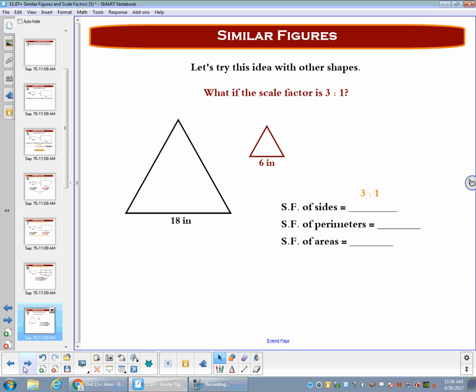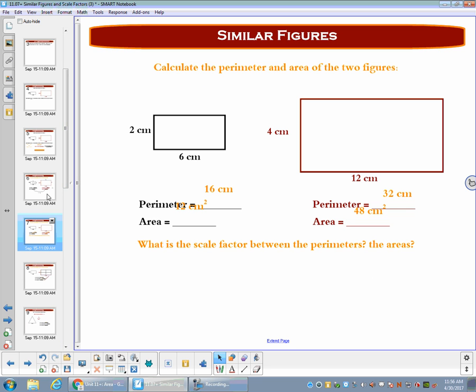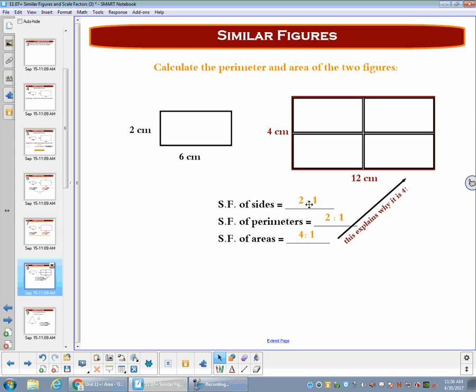All right. Now this one gets a little trickier. So the scale factor for the sides is 18 to 6. Now if I break 18 to 6 down, I get 3 to 1. Now, if you think about what the relationship was back here, what relationship did you see between the ratio of sides and ratio of perimeters? Hopefully you saw that they were the same.